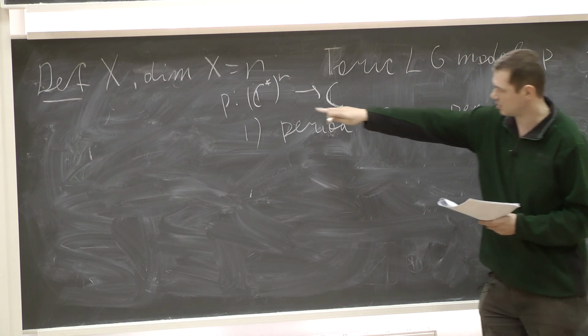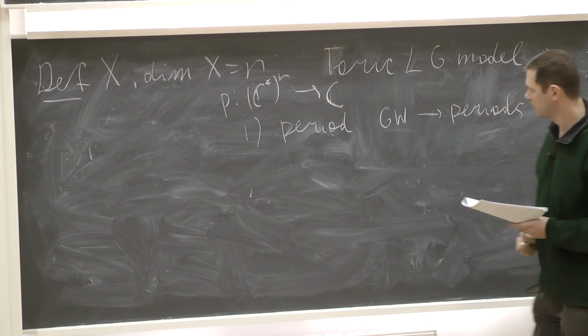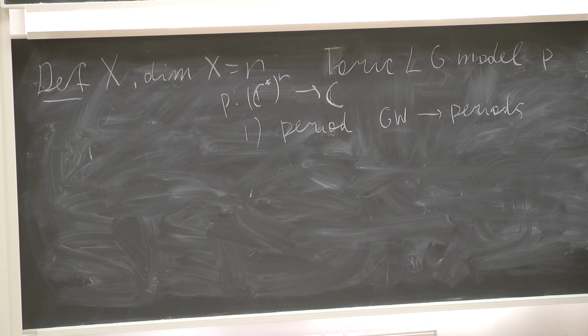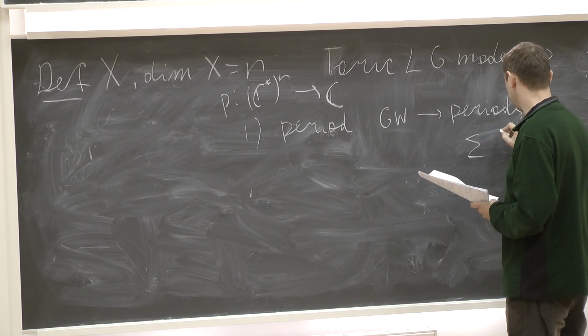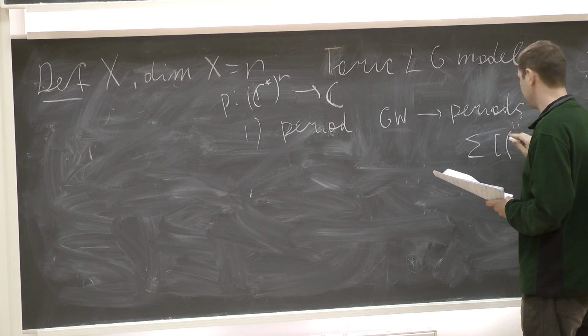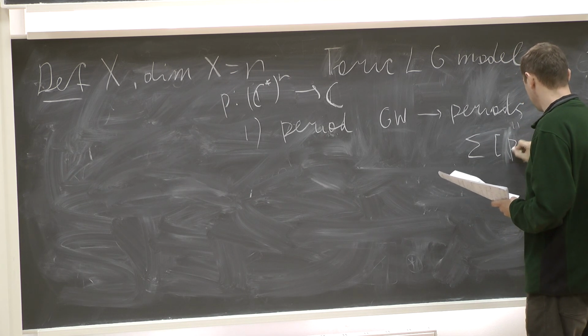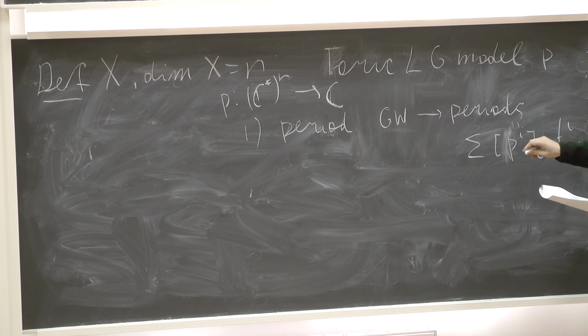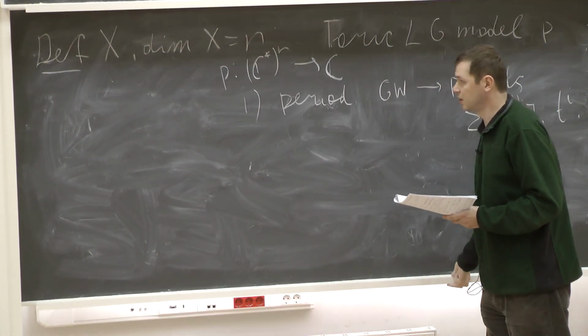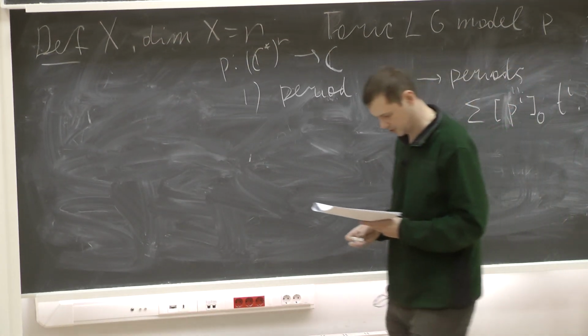And the periods for such maps can be computed very easily: it's just the sum of constant terms of P to the i, t to the i. One can prove that this is how to compute periods very easily.